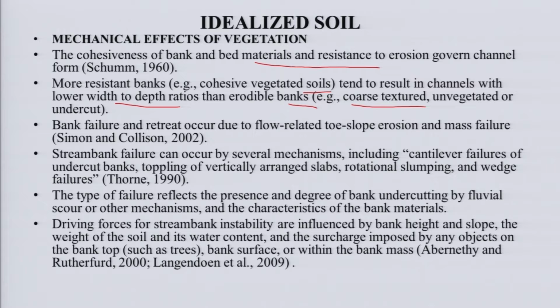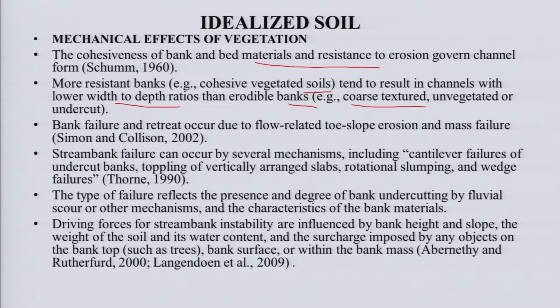And mass failure. The next is that extreme bank failure can occur by several mechanisms including cantilever failure of undercut bank, toppling of vertically arranged slabs, rotational slumping and wedge failure.